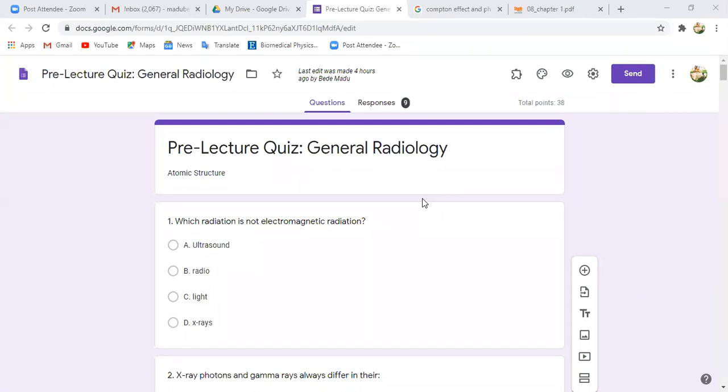Yes, sir, we can see. Okay. At the first question there, I don't think anybody should have any problem with that. Which radiation is not electromagnetic? Of course, that's ultrasound. Everybody should know that.